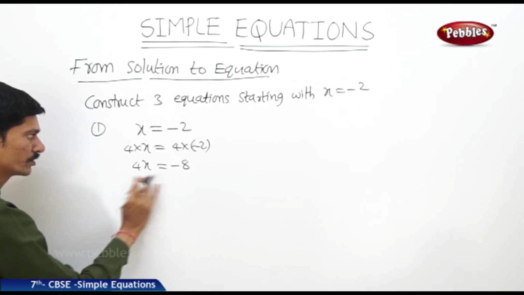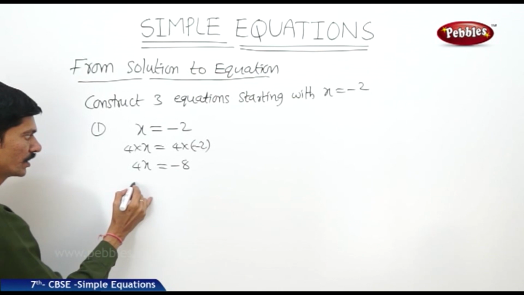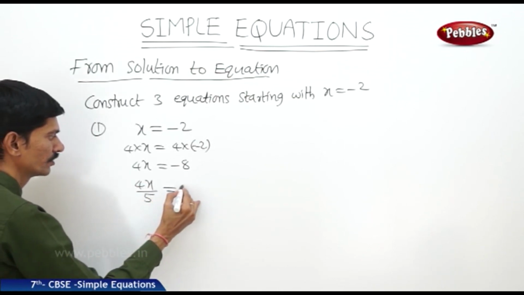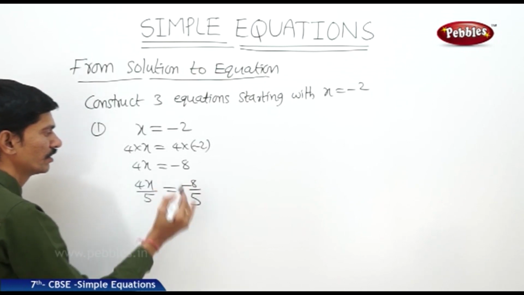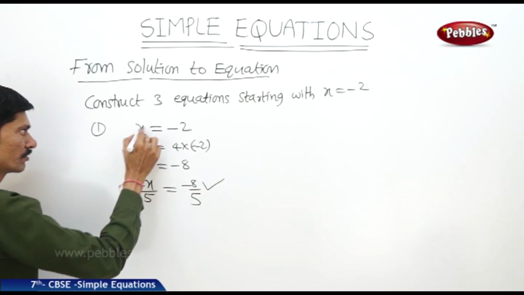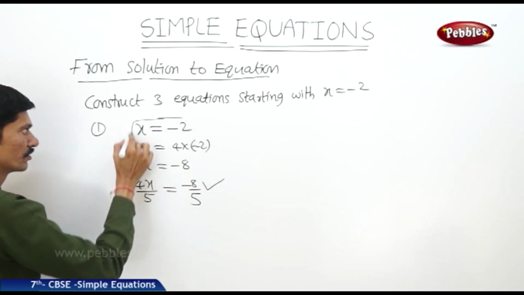Now divide on both sides by 5. Then we get 4x by 5 equals minus 8 by 5. Now this is an equation starting with x equals minus 2.